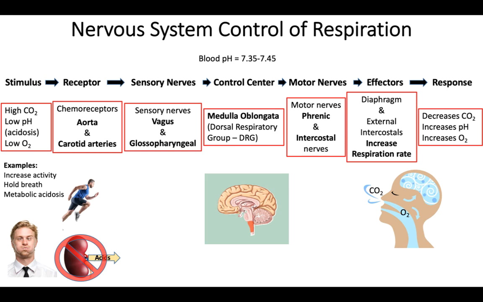We can use our respiratory system, because if we develop acidosis, we just need to get rid of some of that carbon dioxide. What if we develop alkalosis? Well, maybe we can do the reverse. We'll breathe less. We'll keep some of that carbon dioxide in, and that can help reverse alkalosis.